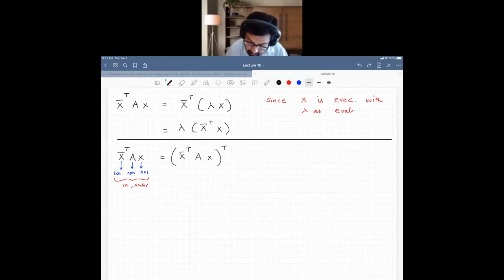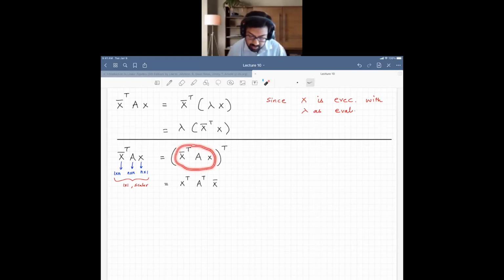Next, this is going to equal x transpose A transpose x conjugate. How is that? The transpose of a product of matrices will be the transpose of each of them in the reverse order, right?